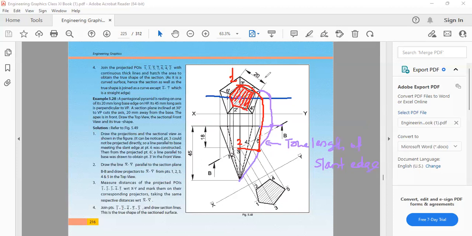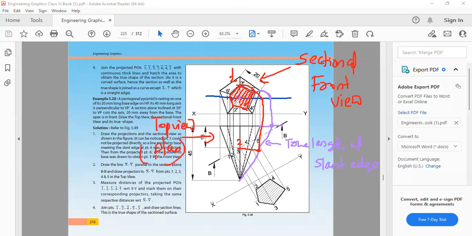Draw 45-degree lines. This is called hatching. So this is my sectional front view, and this one is my top view or plan.